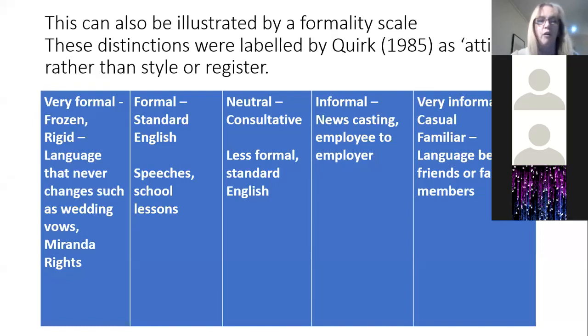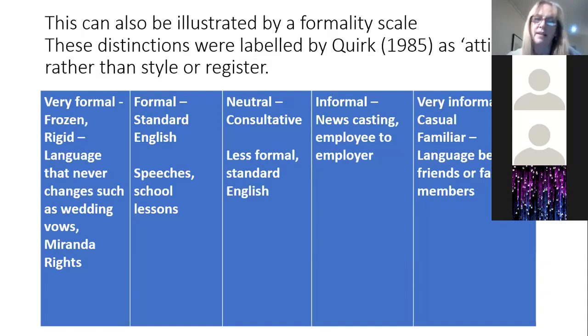We've got very formal, we've got frozen, rigid language that never changes, such as wedding vows, or Miranda rights. When they read you your rights, that language doesn't change. It's got to be worded a certain way. So that is the ultimate formality, where you've got something that can't change and you've got to learn it word for word.